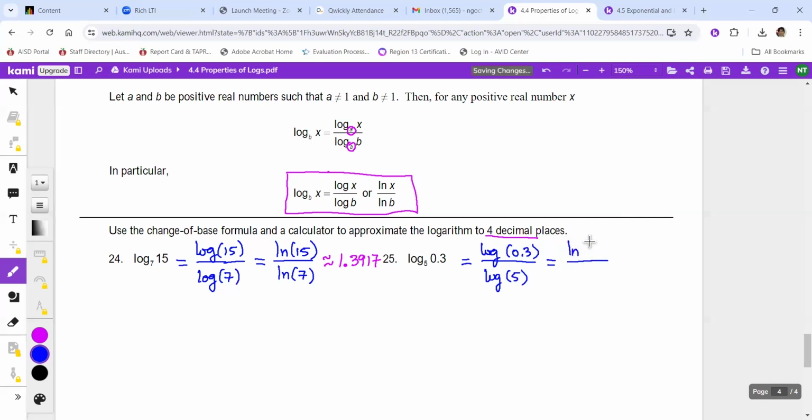So the natural log of 0.3 divided by the natural log of 5.